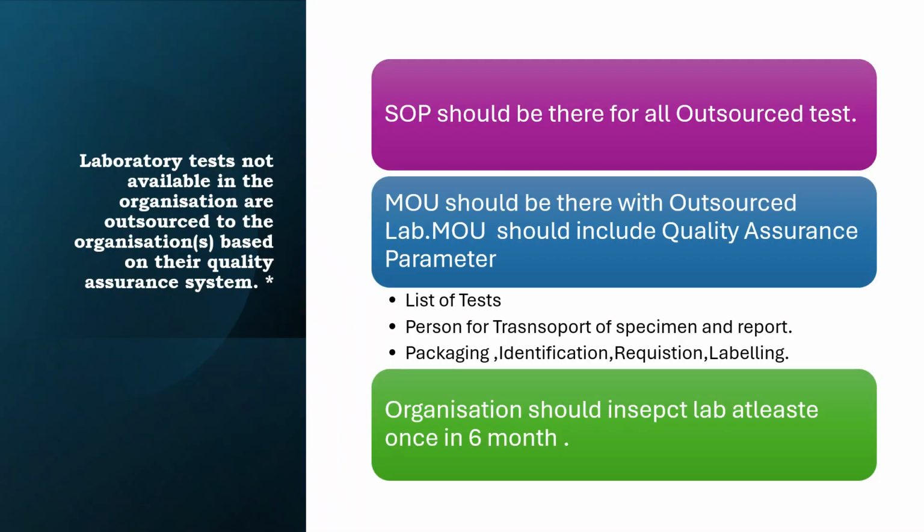These things should be mentioned very clearly in your MOU as quality parameters. And the organization should inspect the lab at least once in 6 months: how they are doing the tests and what parameters they are following. Whether the outsourced lab is NABL or not does not matter. One person from the hospital lab should go and do the inspection in that outsourced lab, and the report should be documented.